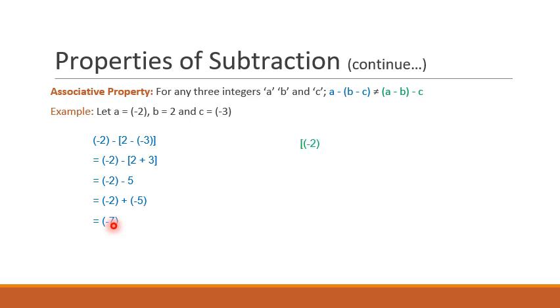Now let's see the right hand side. If I am grouping a and b together and then later subtracting c from it, what I have is minus 2 minus plus 2 minus minus 3. So here change the negative sign to positive, plus 2 is changed to minus 2.